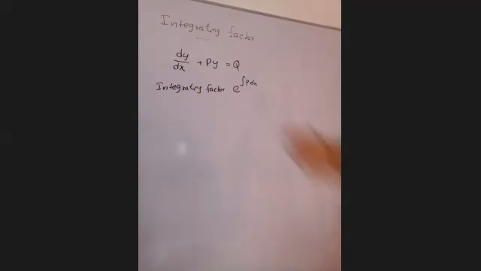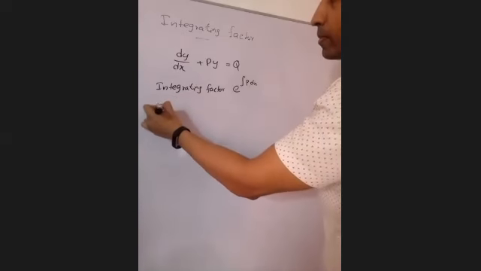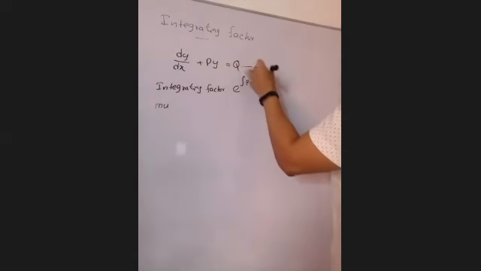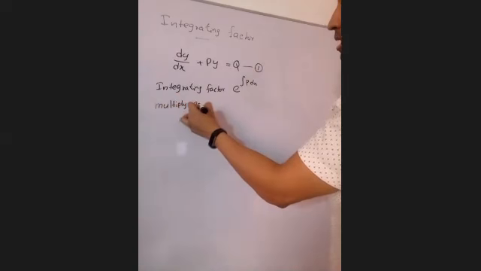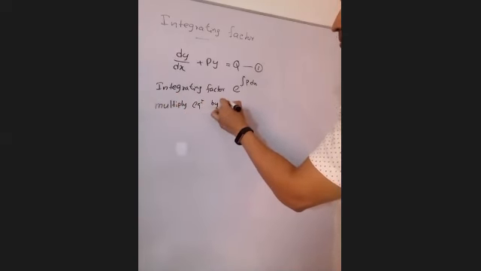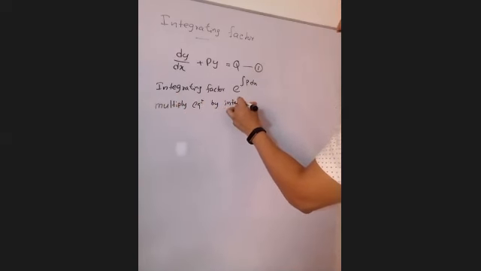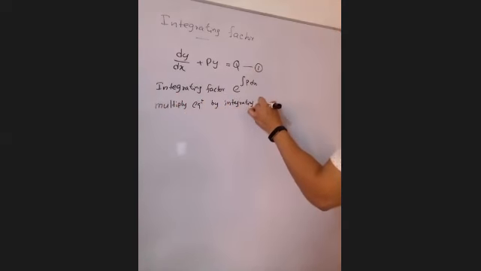If you happen to see a question like this, what you need to do is multiply all of the terms by the integrating factor. Equation 1 multiplied by the integrating factor.